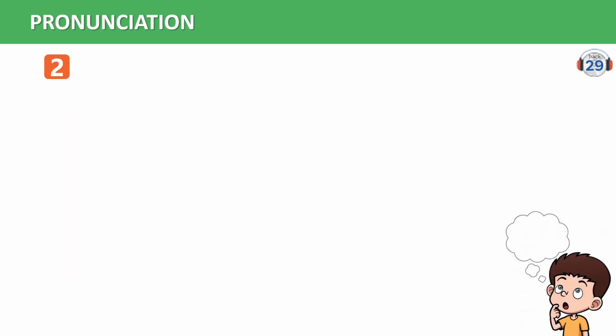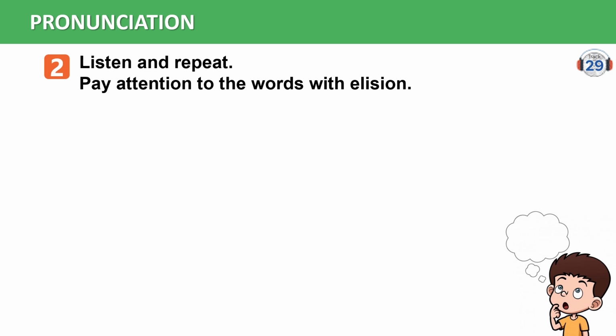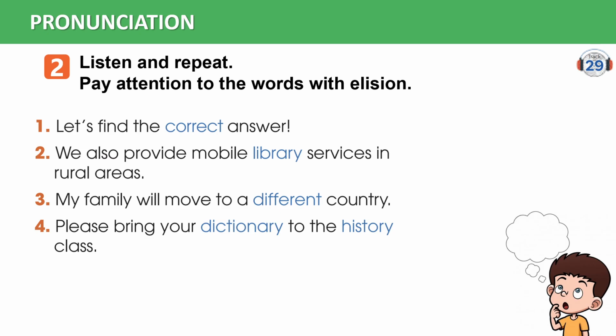Now for the next activity. Listen and repeat. Please pay attention to the words with elision. Number 1. Let's find the correct answer. Repeat. Great. Number 2. We also provide mobile library services in rural areas.